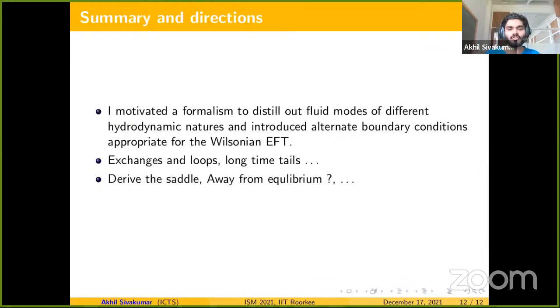And you might want to even go further and describe such a saddle away from equilibrium, because at the moment you're thinking of the ordinary Schwarzschild black brane, but then perturbatively excited. But you might want to derive a Schwinger-Keldysh saddle for configurations really away from equilibrium, corresponding to away from equilibrium boundary plasmas and so on. That's it. I thank you all for your attention.